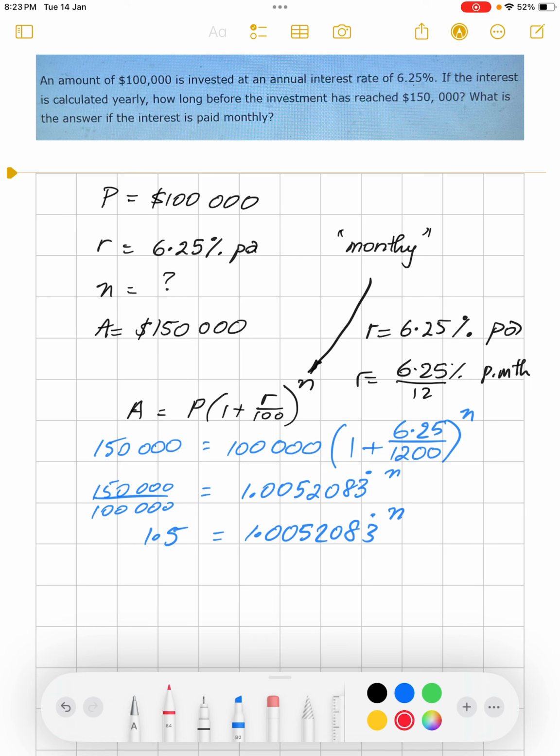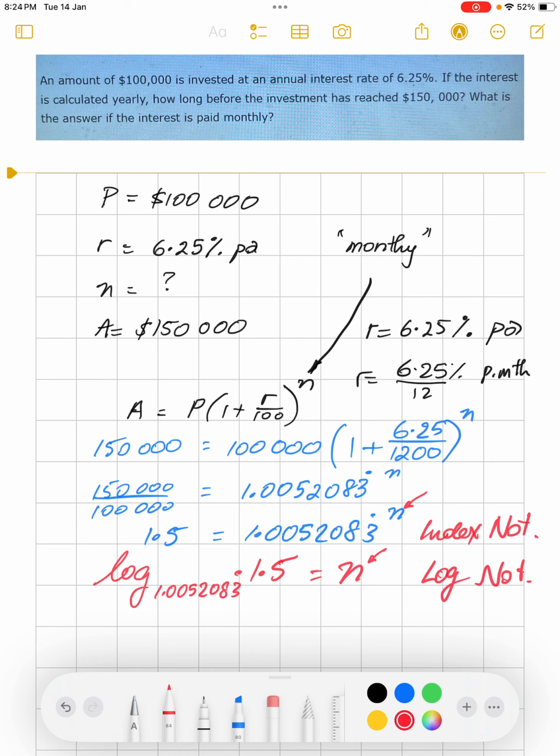This is called log index notation, and what I'll do is turn that into log notation, and therefore the log, the base is 1.0052083 recurring, and the number is 1.5, so the log of 1.5 is equal to N. So there's the index, it goes here.